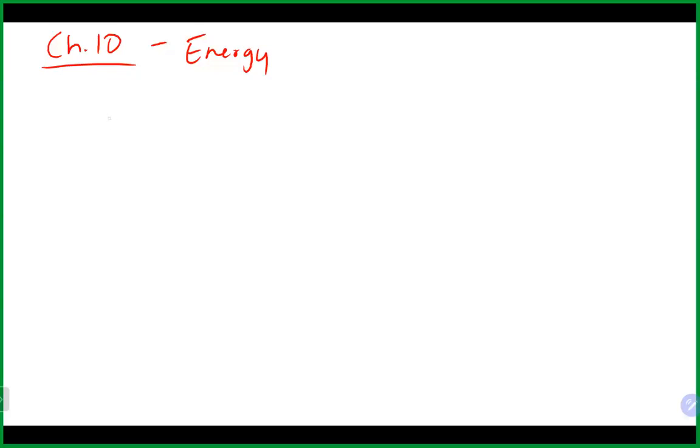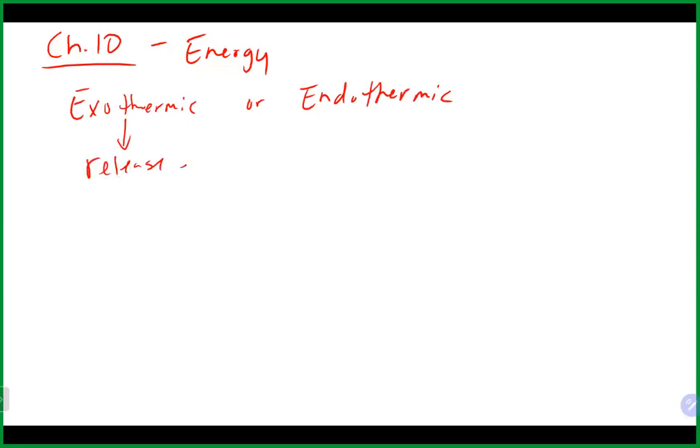And remember that there's really two forms of energy, as we'll talk more about today, processes that we talk about, and those are exothermic or endothermic processes. One will release energy, which is exothermic, and one will absorb energy.